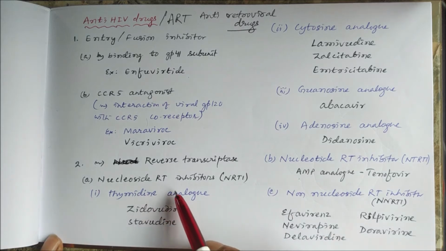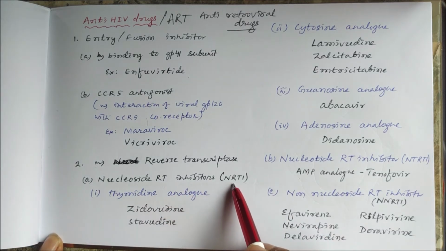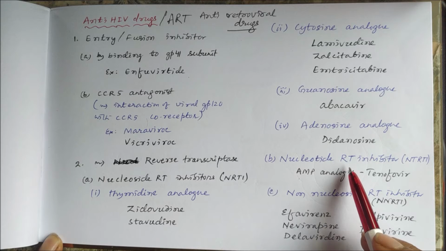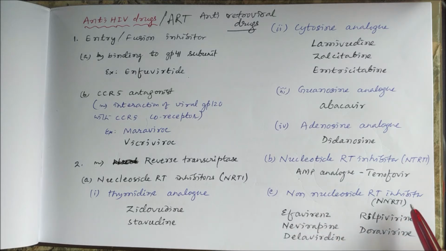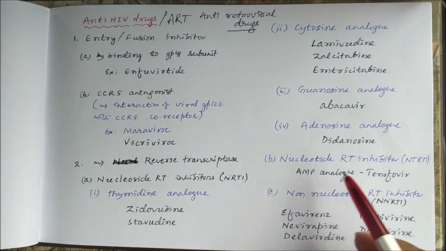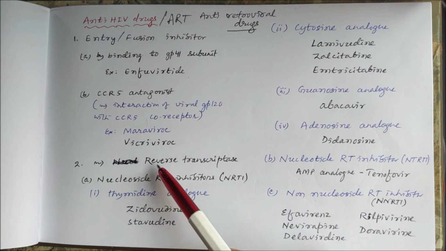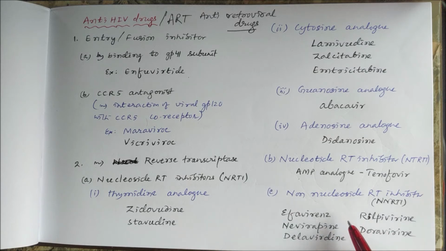So nucleoside reverse transcriptase inhibitor you can short form say NRTI, and nucleotide reverse transcriptase inhibitor short form you can say NtRTI. Then some reverse transcriptase inhibitors directly act at the catalytic site of the reverse transcriptase enzyme. They are not analogs of any nucleosides, so they are called non-nucleoside reverse transcriptase inhibitors, NNRTI. Examples efavirenz, nevirapine, delavirdine, rilpivirine, doravirine.